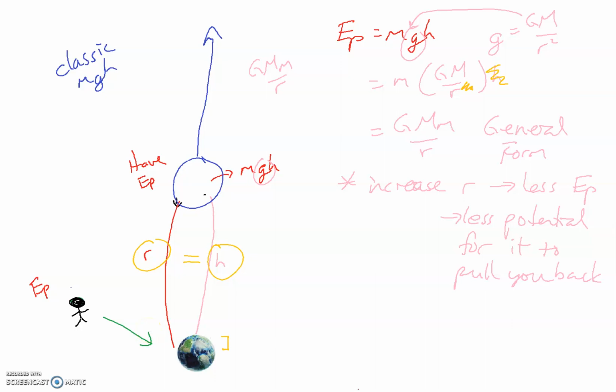Well, as he falls towards the Earth, his potential energy actually goes up, because he's getting closer and closer. And at the same time, which seems kind of weird, the kinetic energy also goes up, which is different than what you guys had before when you did classical mechanics, where as one got bigger, the other one got smaller.